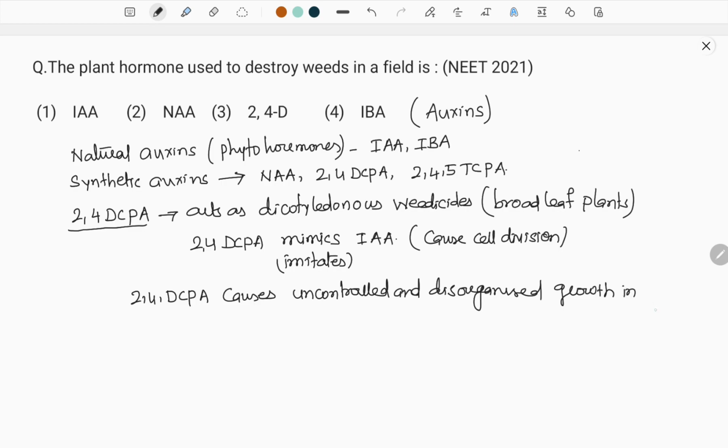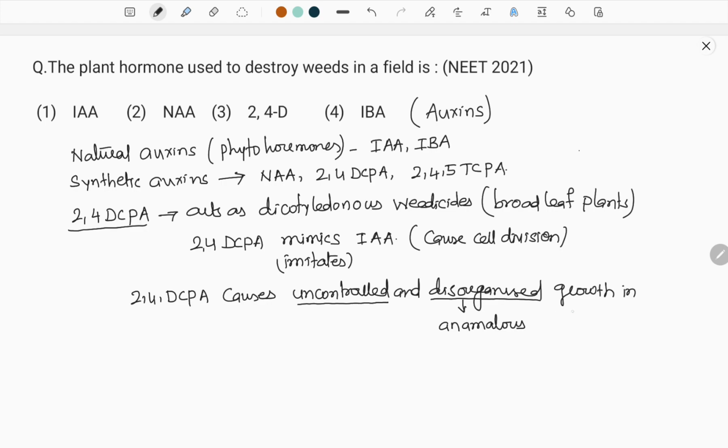They do not cause a regular, orderly, uniform growth, but they cause uncontrolled, irregular, disorganized growth, that is what we call anomalous growth. Anomalous means not uniform, not lawful.